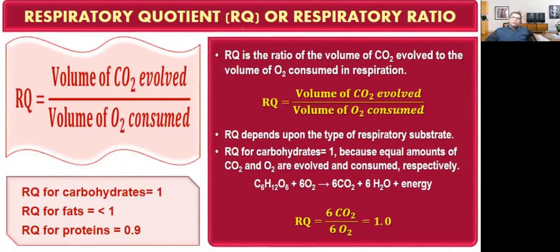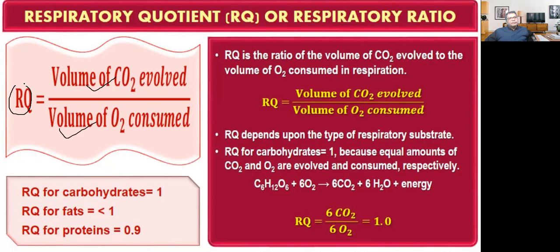Now, the respiratory quotient, that is RQ. It is also known as the respiratory ratio. How can you calculate the respiratory quotient? The volume of carbon dioxide evolved divided by the volume of oxygen consumed.